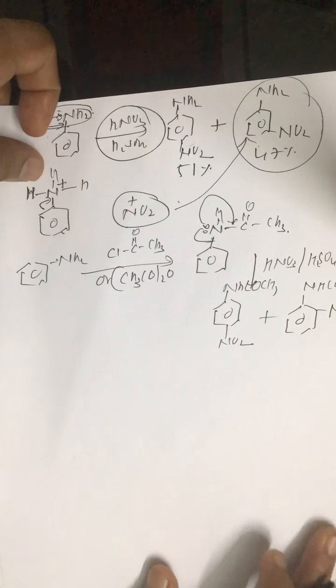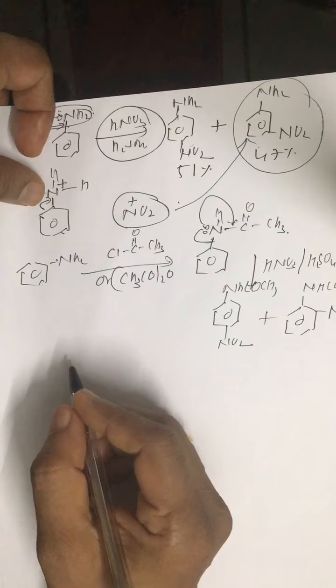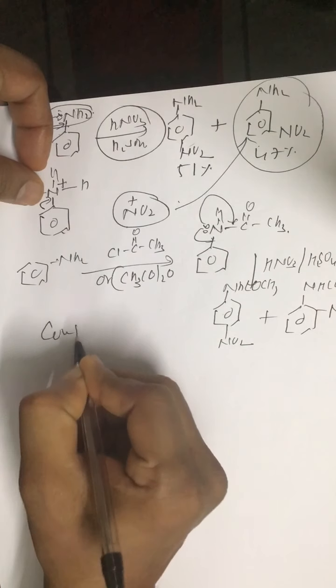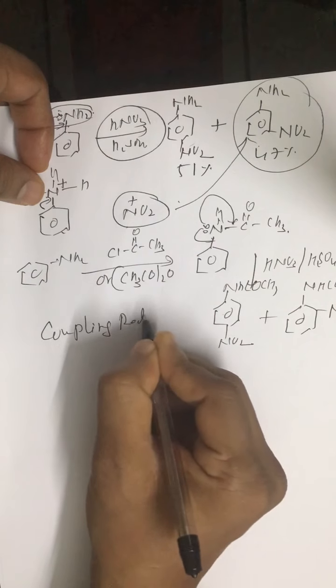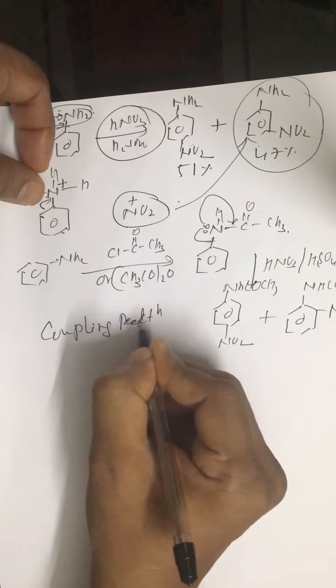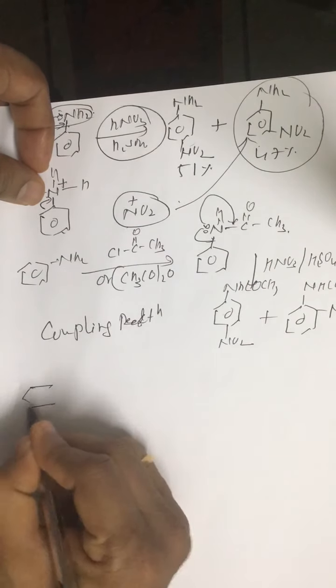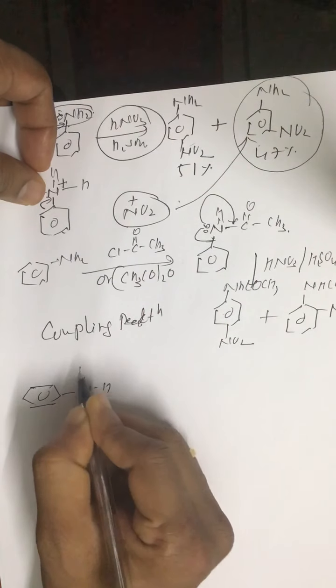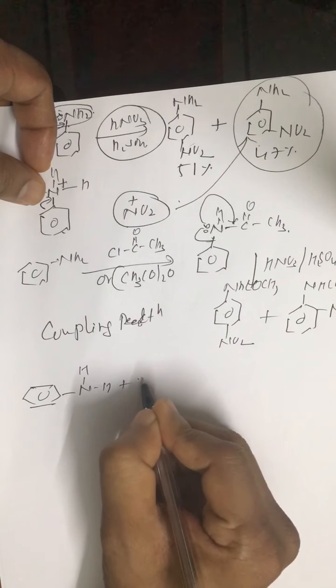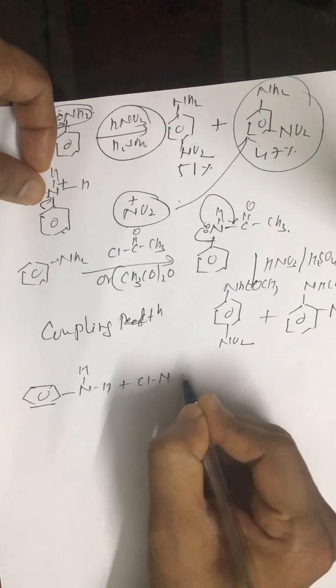And then we have the coupling reaction. That is the reaction of either phenol or aniline with benzene diazonium chloride.